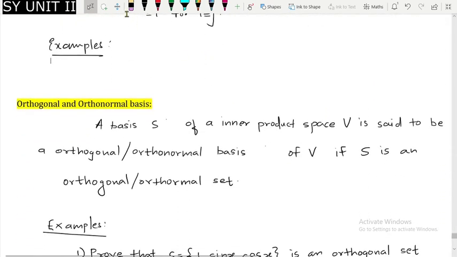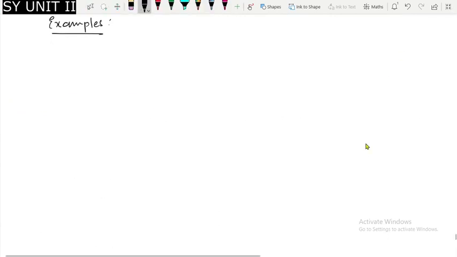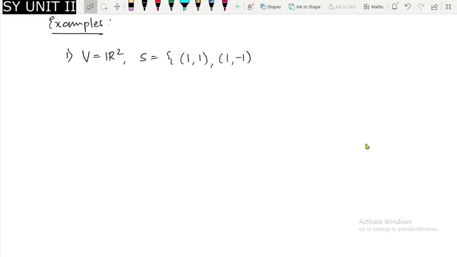And if I want to give an example of the orthogonal and orthonormal, let me give you a few examples. Yeah, so let us see this. For example, V is equal to R2, and suppose my set is containing these two vectors, that is (1, 1) and (1, -1), and the inner product is the usual dot product.